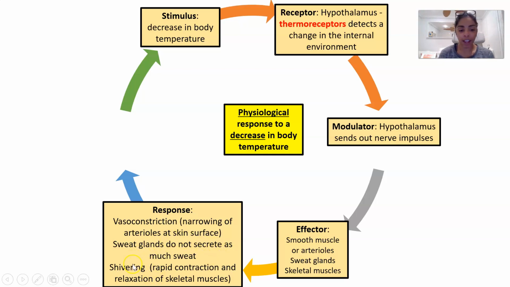And there is shivering, which is rapid contraction and relaxation of skeletal muscles. That friction and activity will generate heat energy. As a result of this response, our feedback mechanism is an increase in body temperature.